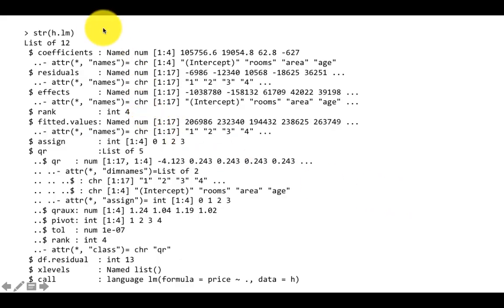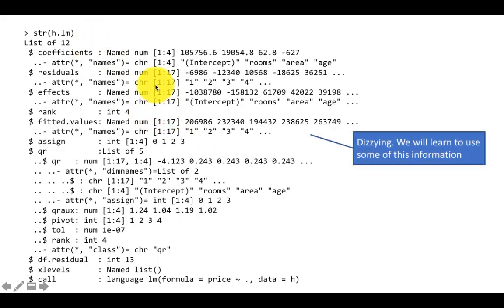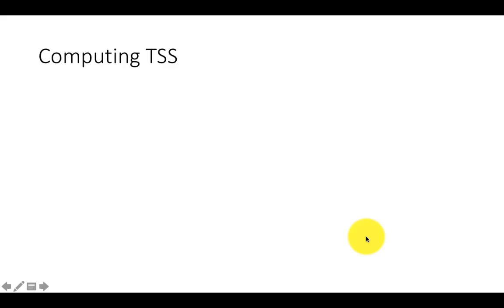If you do str of h.lm, you're going to see a whole bunch of stuff. This, of course, is dizzying. We will learn to use some of this information, so don't try to make sense of it now. I'm just showing you that this object h.lm is packed with a lot of information.